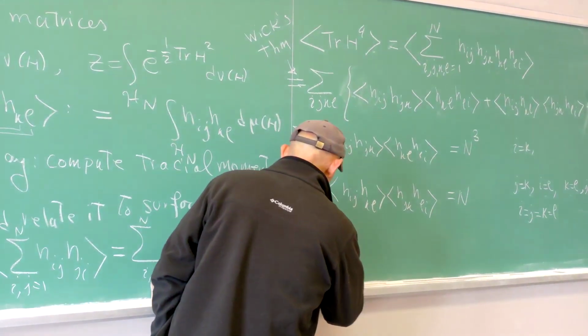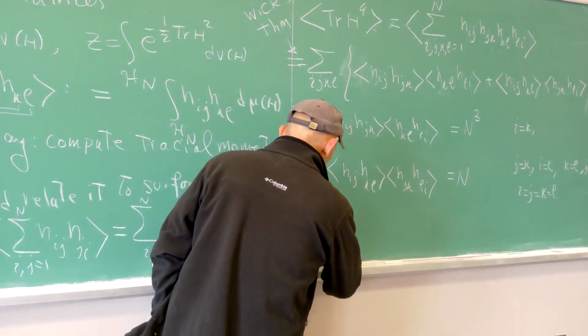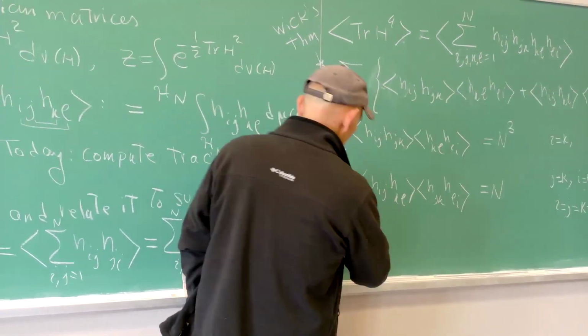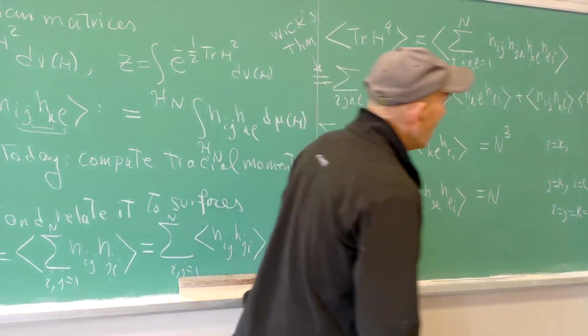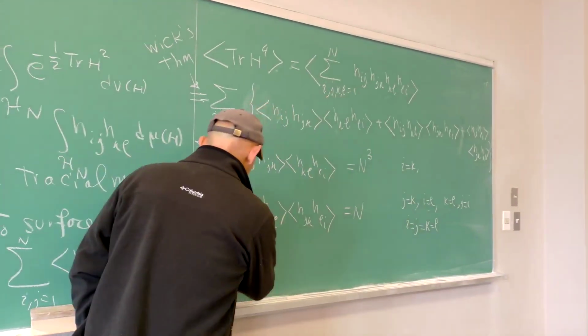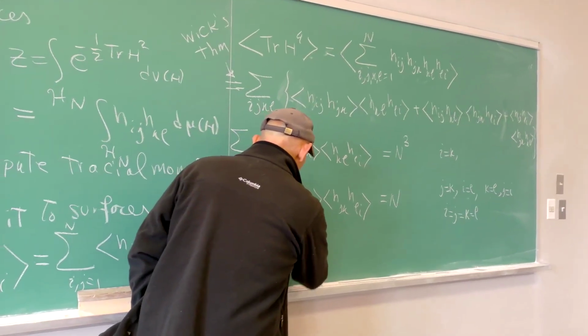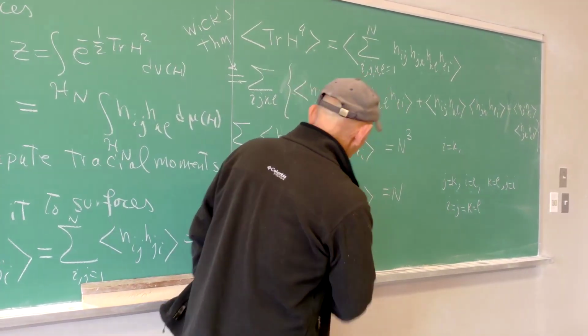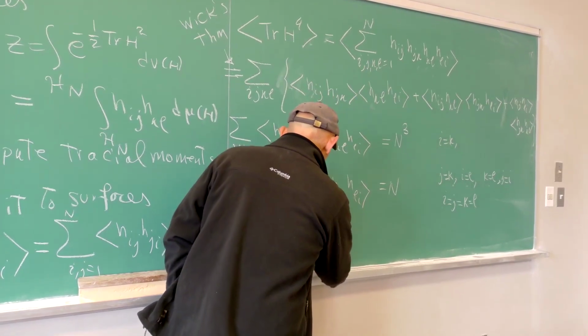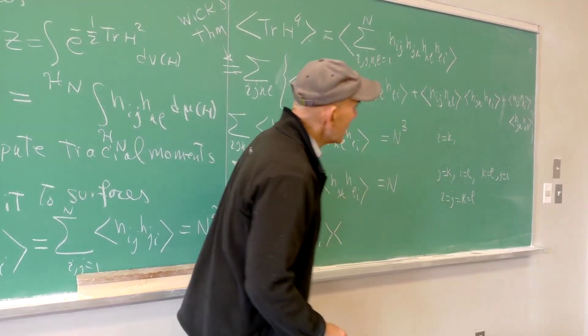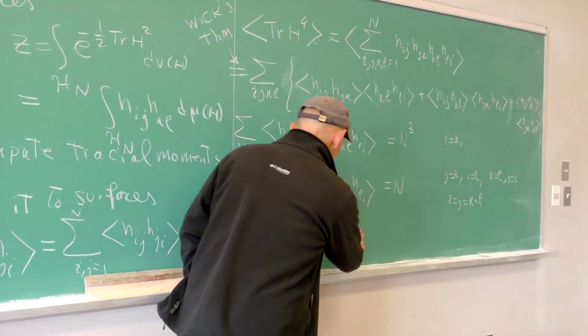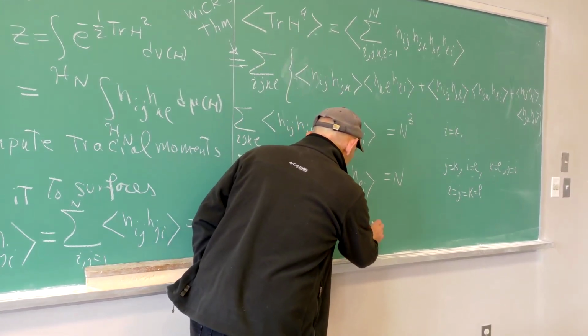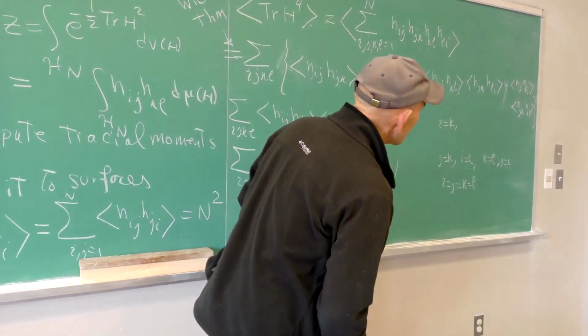Now let's look at the last one. This sum over IJKL: HIJ, HLI, and then I've got HJK, HLI.